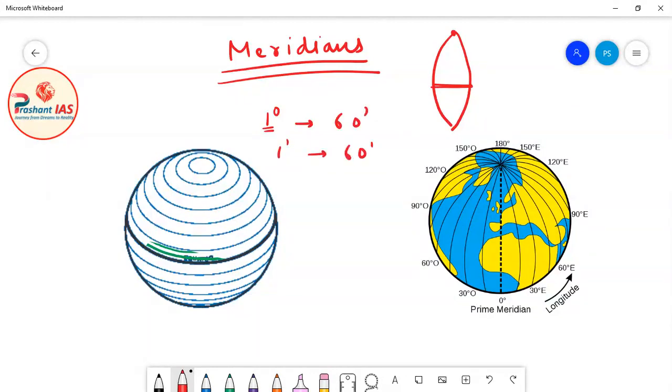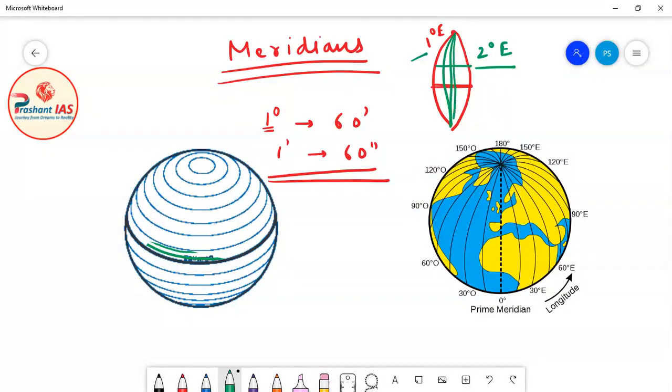The concept is very similar to the concept of latitudes. For example, if this is 1 degree east longitude and this is 2 degree east longitude, they will be divided into 60 minutes, and each minute is divided into 60 seconds.